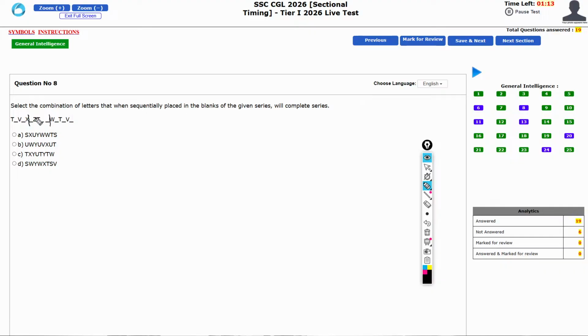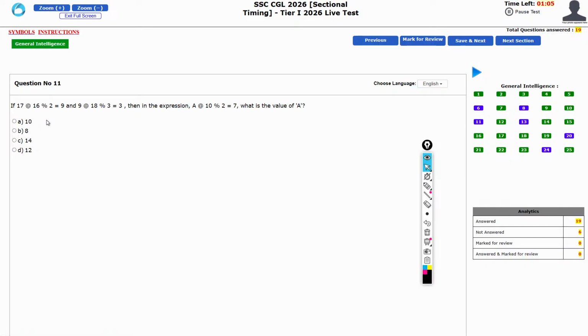So I don't think any fruitful thing is coming out of it. Just skip then. This one is 8 11. No idea.